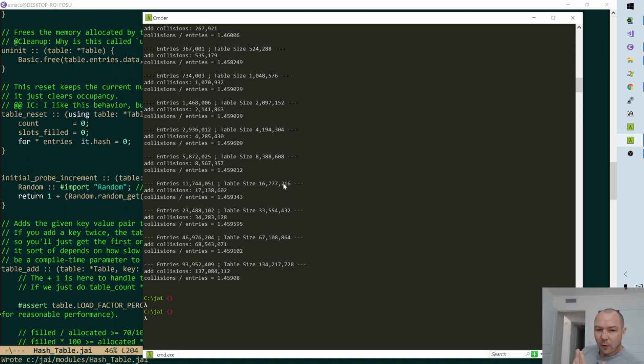Or is it because I misunderstand something, and maybe the probability of having any collision goes up, but the average number of collisions stays constant. That could be a thing. I don't quite understand, but that would be a thing.